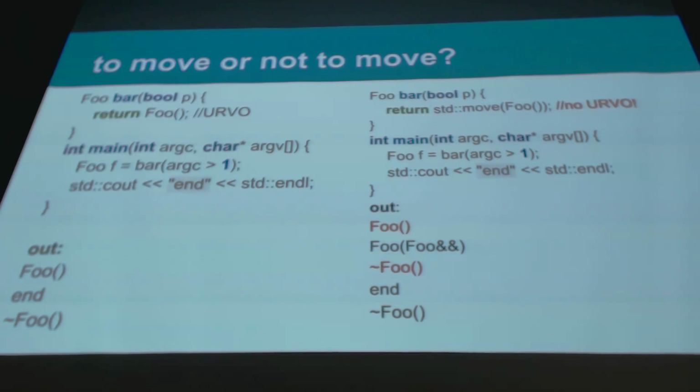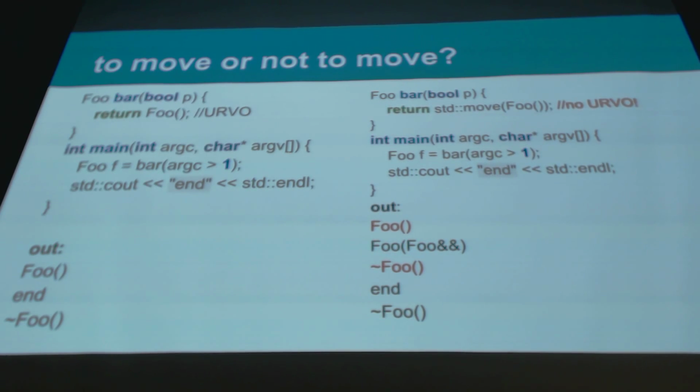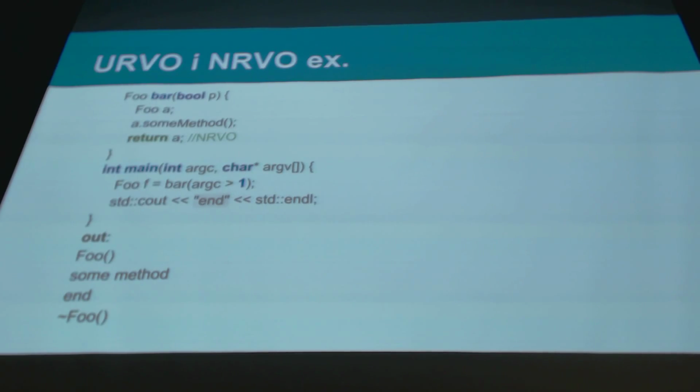But imagine that we don't have a move constructor, then we will just copy things. Another example: we construct an object, call some method, and return it. It doesn't make any difference, right? We will just create one object.